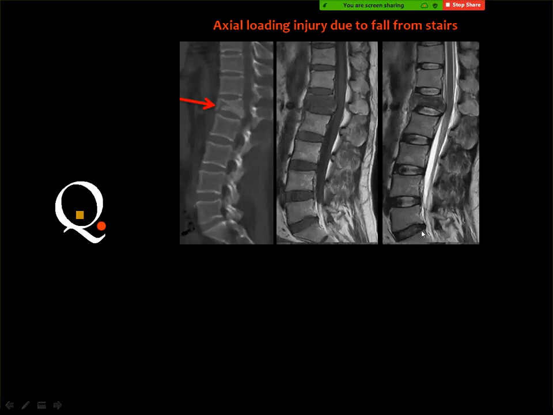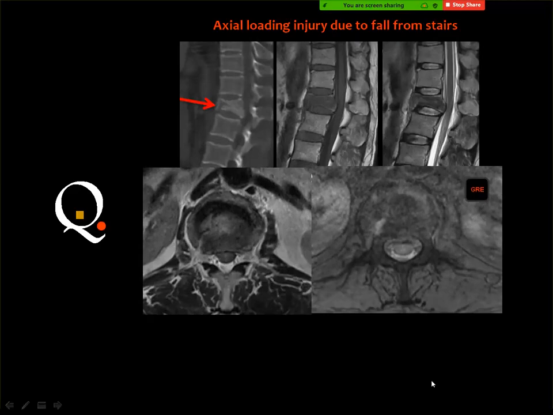Then they inject the patient with contrast material and the vertebra will enhance. Then they say that if the vertebra is enhanced, this means that it is involved by malignancy, and they send the patient for biopsy. And this is absolutely wrong. Bone marrow edema of whatever etiology will enhance with contrast material.